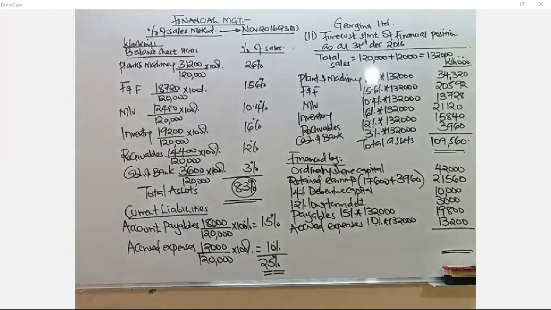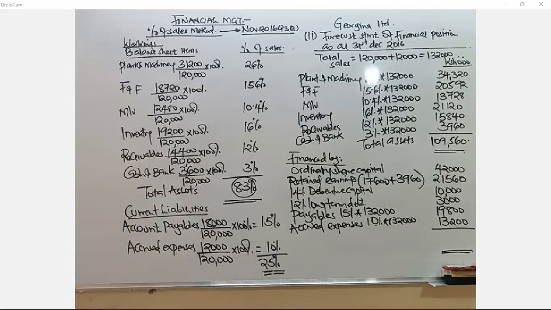So what will be our total liabilities? Let me check whether we can get the same as our total assets. We have 21,560 plus 10,000 plus 3,000 plus 19,800 plus 13,200.